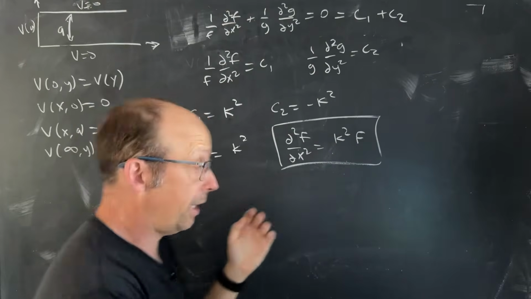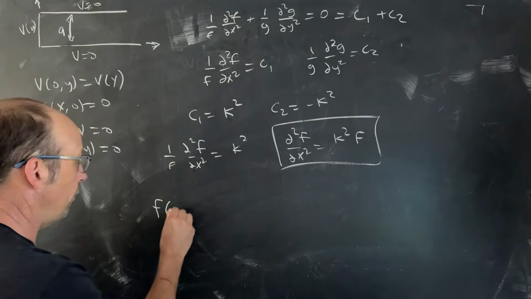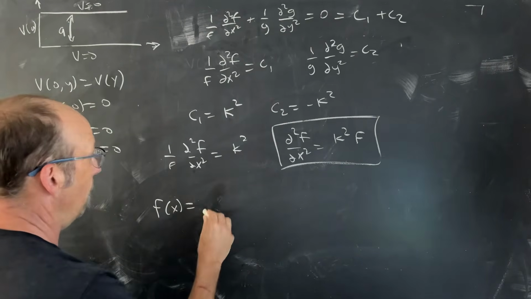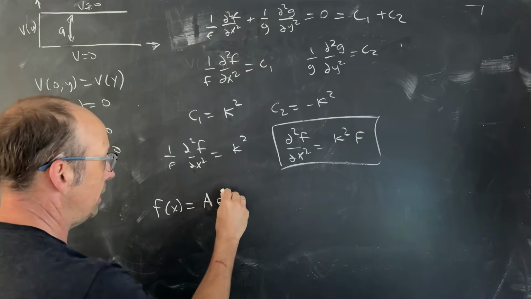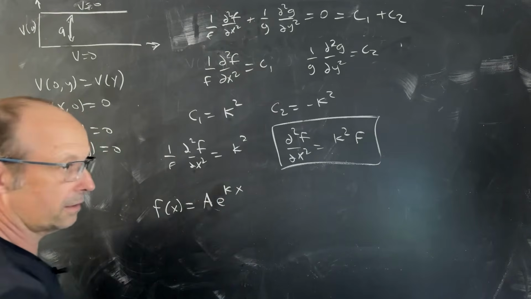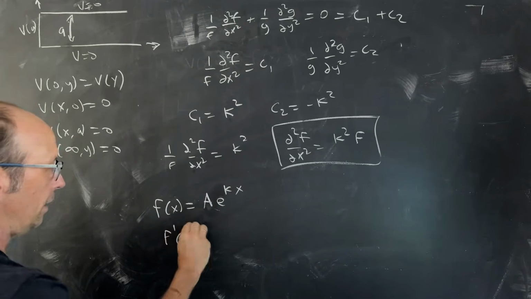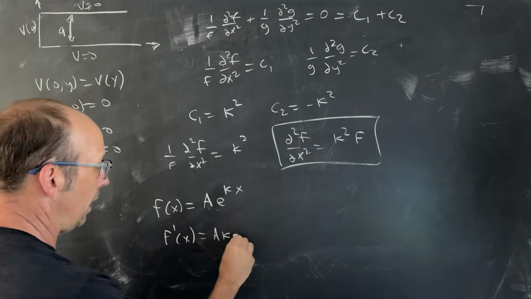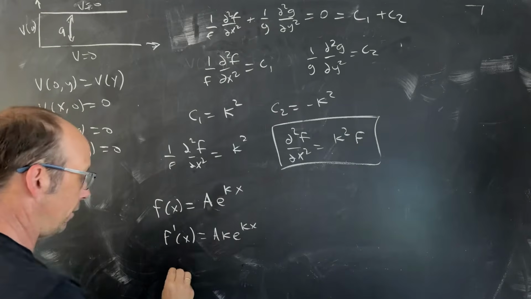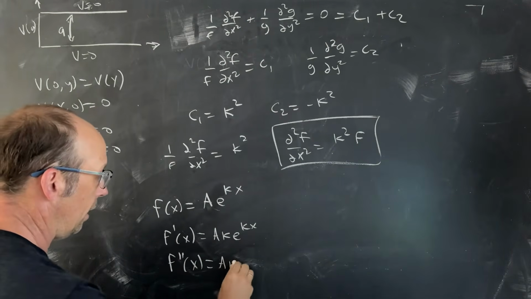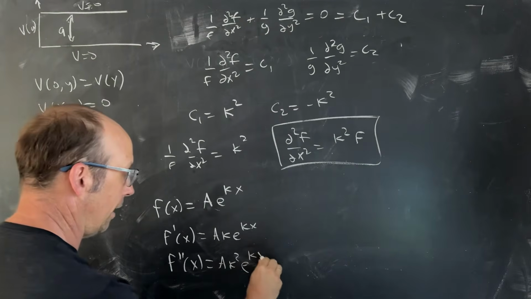Well, here's a guess. F of x is going to be a times e to the kx. If I take the derivative of this, I'll write it as f prime of x, it's going to be a k e to the kx. If I take the second derivative, f double prime of x, it's going to be a k squared e to the kx.